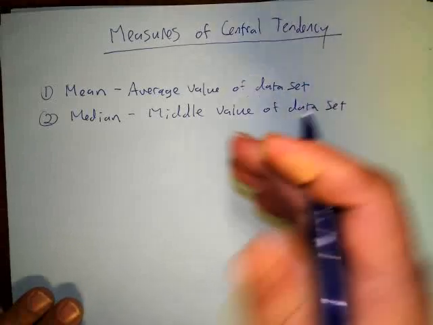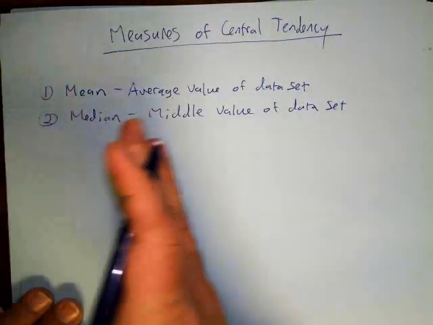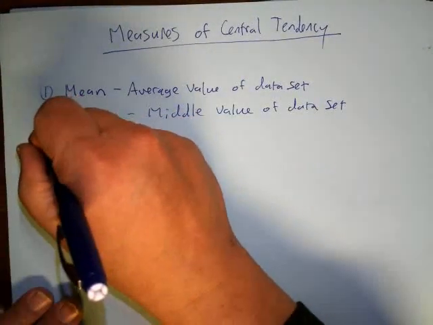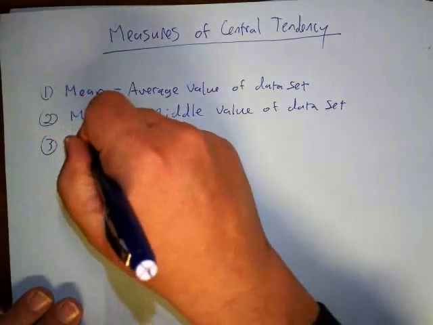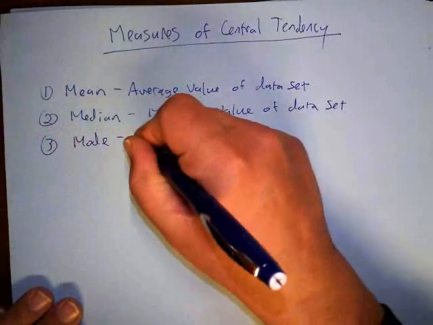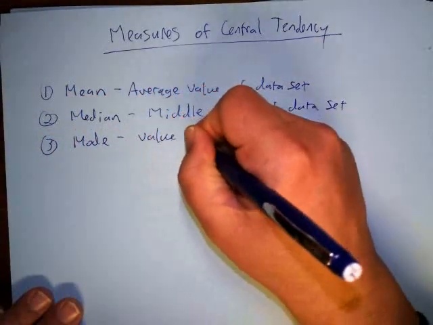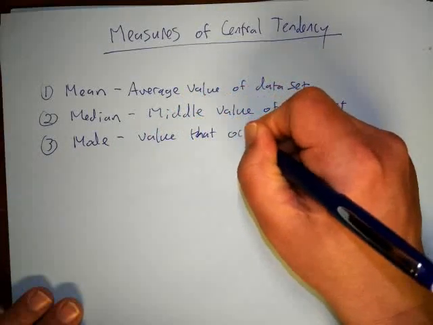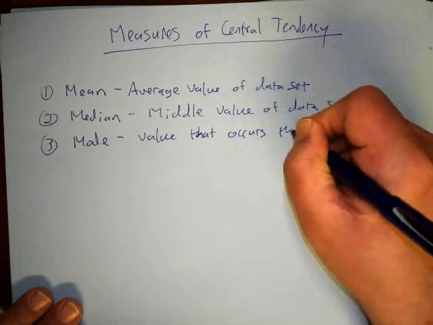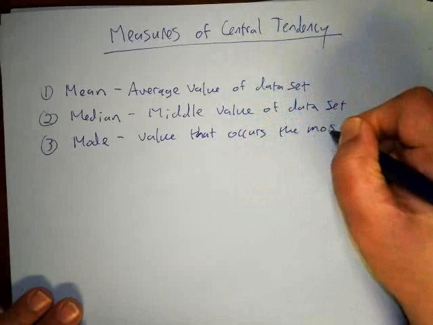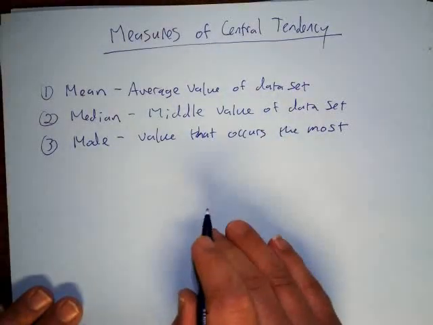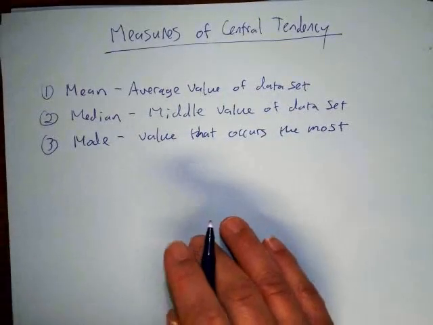So it's going to be a value where half of the data is below it and half of the data is above it. That's the median. And then there's the mode. This is the value that occurs the most in the data set.